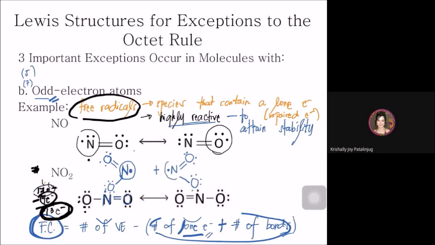Both of them have nitrogen as the central atom with an unpaired electron. Upon reacting these two molecules, the lone electrons will pair up to form a bond. That is an example of a covalent bond. That is how free radicals usually attain their octet.